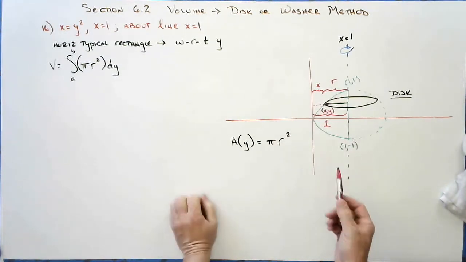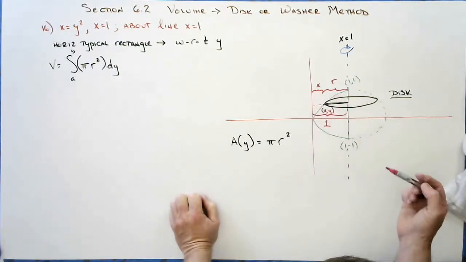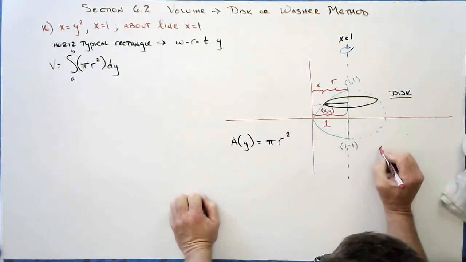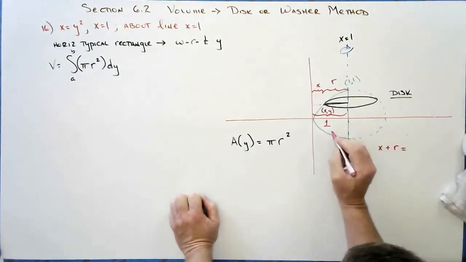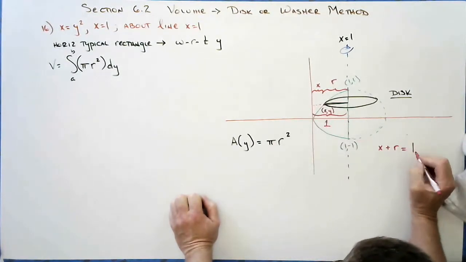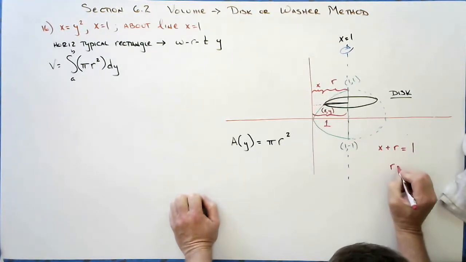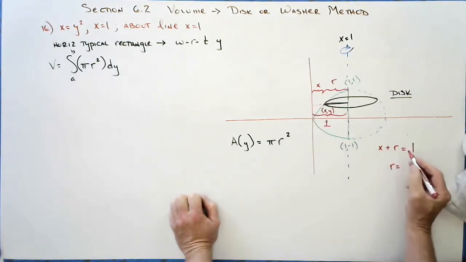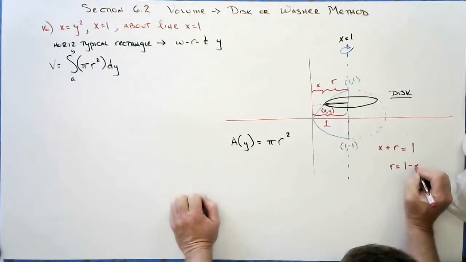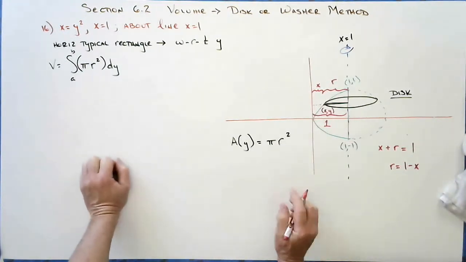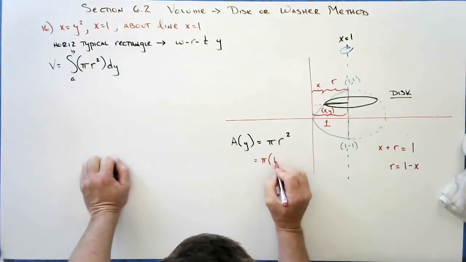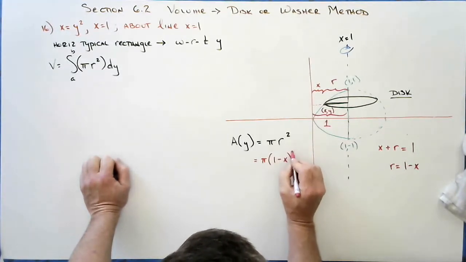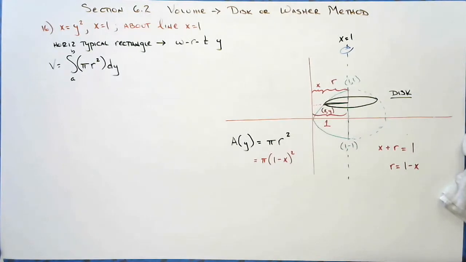See, look at what we know. We know this little bracket plus this bracket, x plus r, is equal to this big bracket, that's 1. Well, from there, solving for r, my radius is 1 minus x. So I can come over here and plug that in, pi times 1 minus x squared, because my radius is 1 minus x using my brackets.